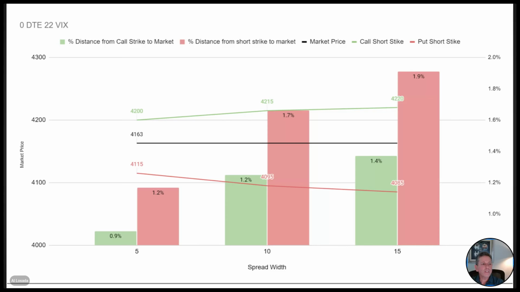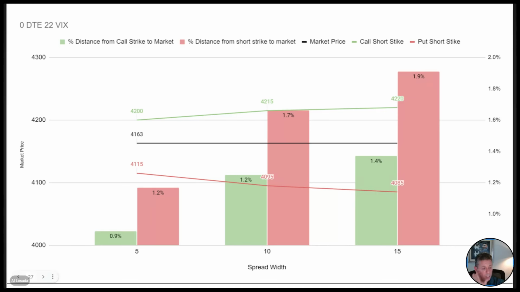This is the volatility for 22 on the VIX, and it shows where the positions go. This is a 5 wide, 10 wide, and 15 wide position.